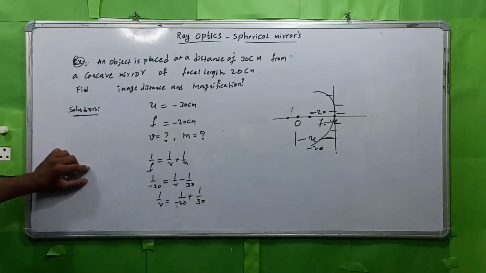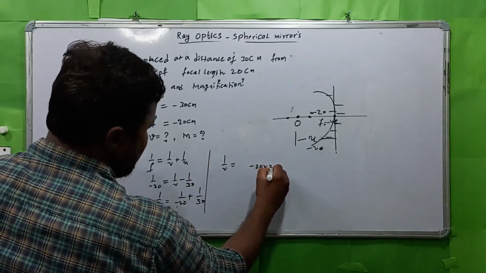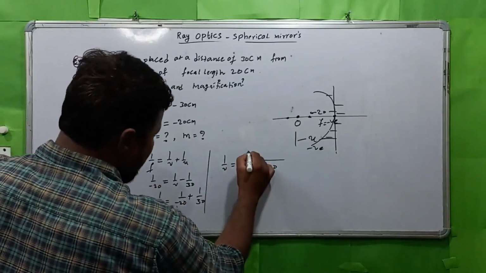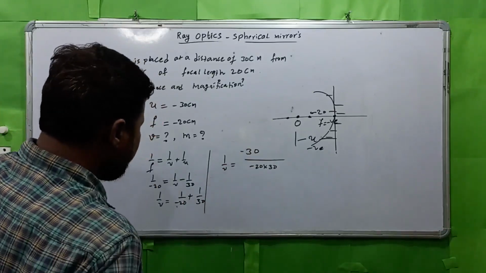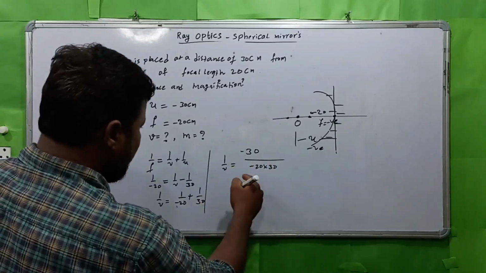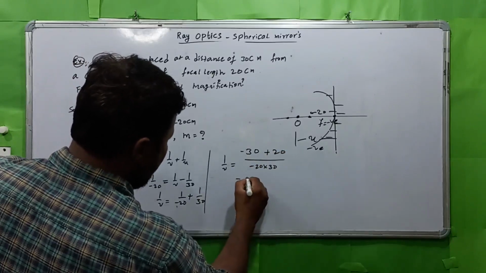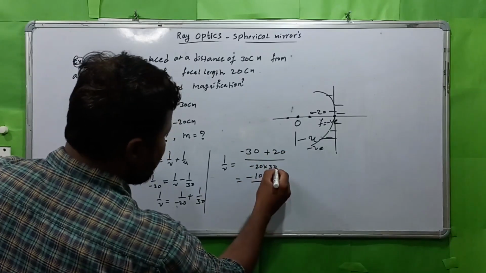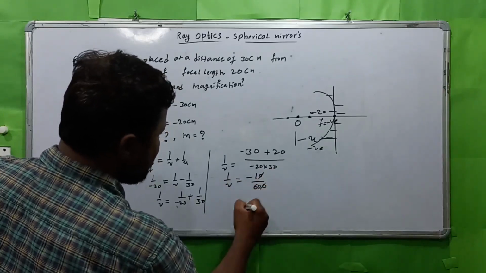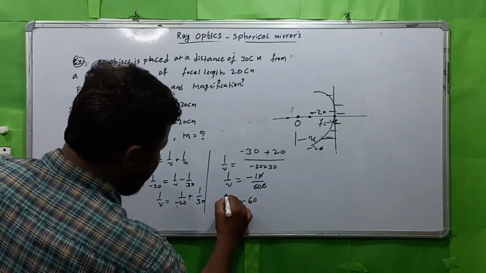If I take LCM here, 1 by V is equal to minus 20 into 30 LCM. 20 cancel, 30 will come, minus 30 will come, and 30, 20 will come, 20 into 1 is 20. Minus 30 plus 20 is minus 10 by 20 into 30, 600. 1 by V becomes, 0 cancel, 1 by 60. So here V is equal to minus 60.